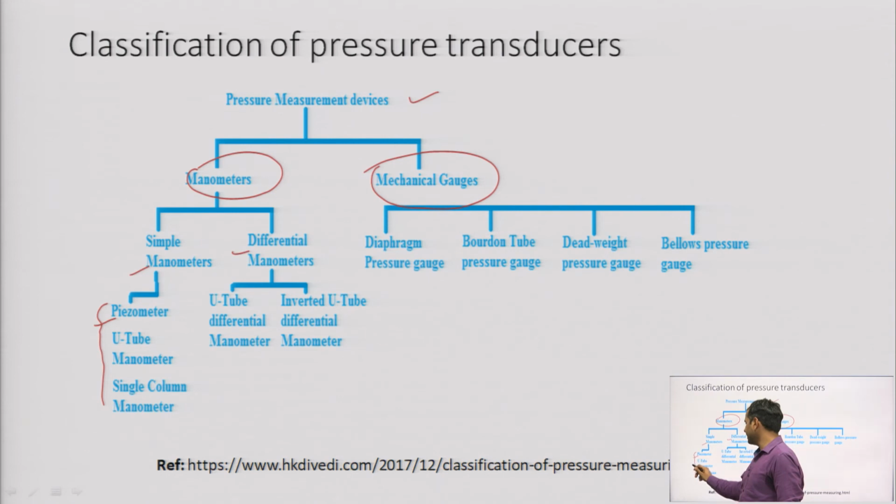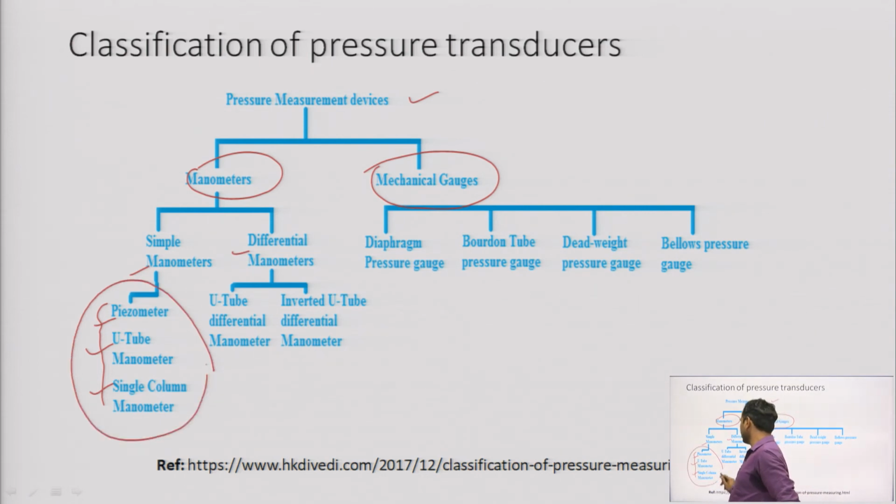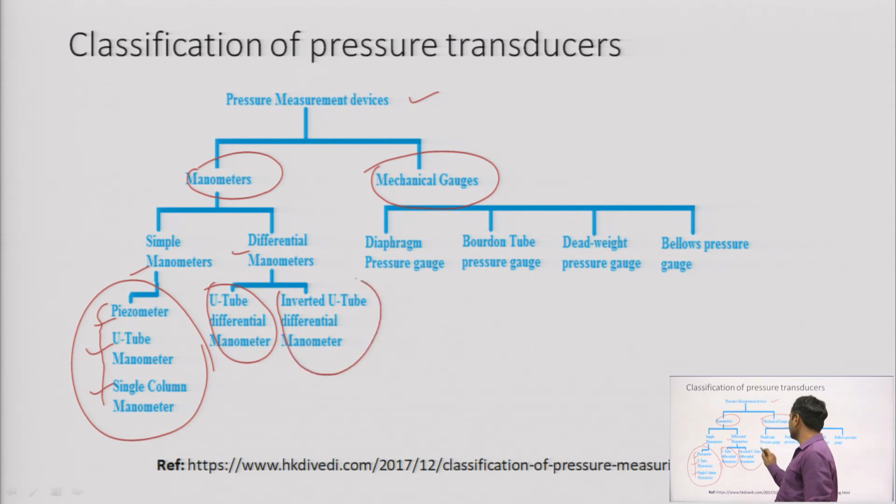Piezometer, U-tube type manometer and single column type manometer are the simple manometers, which do not measure the differential pressure. But when we want to measure the differential pressure, we can use the U-tube differential manometer, the inverted U-tube differential manometer or the inclined type manometer. There are various manometers available from which we can measure the differential pressure.